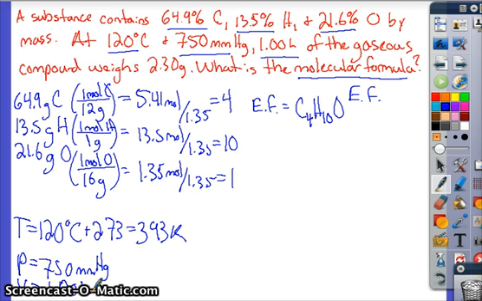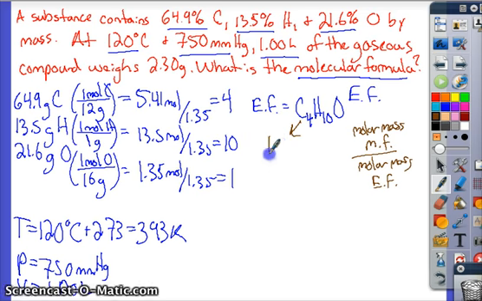In the end, we are going to need to compare the molar mass of the molecular formula to the molar mass of the empirical formula. That'll tell us if our empirical formula is the same as our molecular formula or how many multiples greater our molecular formula is. We can look up the molar mass of the empirical formula.